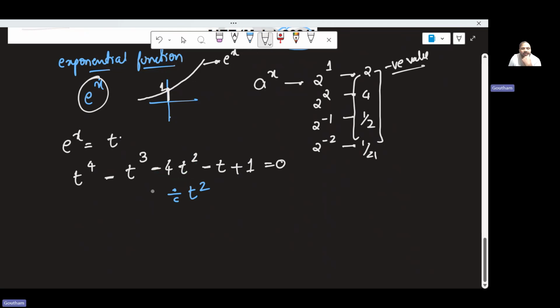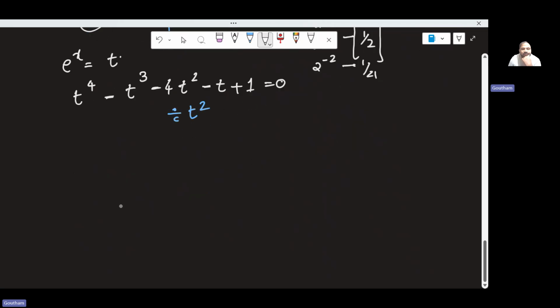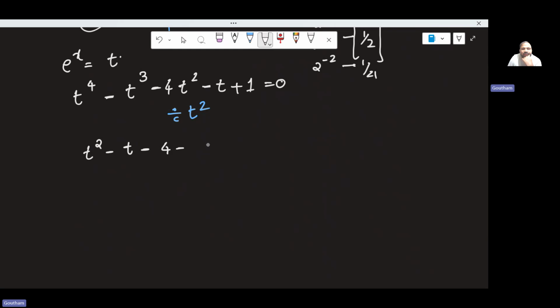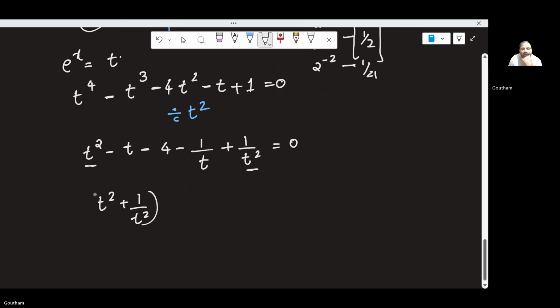Now let's see what happens if you divide. चलो, t square minus t minus 4 minus 1 by t plus 1 by t square. है ना? Now try to group this, gentlemen. t square plus 1 by t square, minus t plus 1 by t.